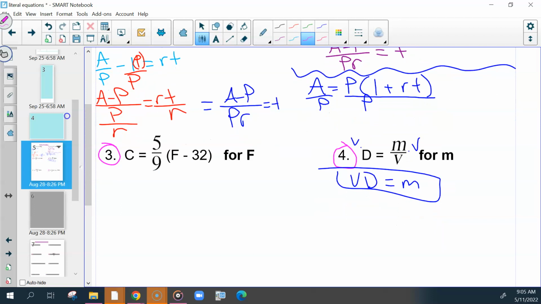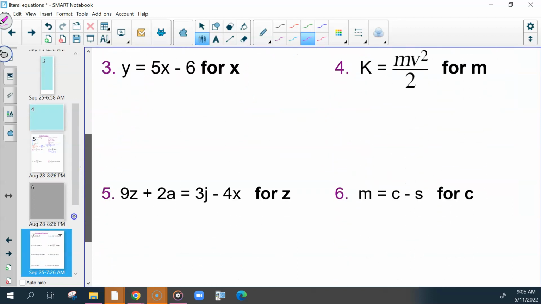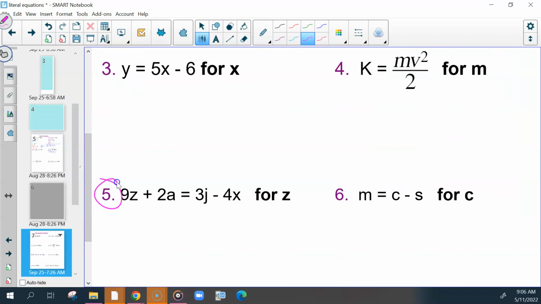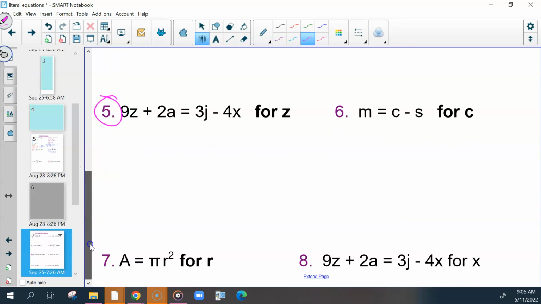Aubrey? Number 5 on the next page. Okay. The next on this page.